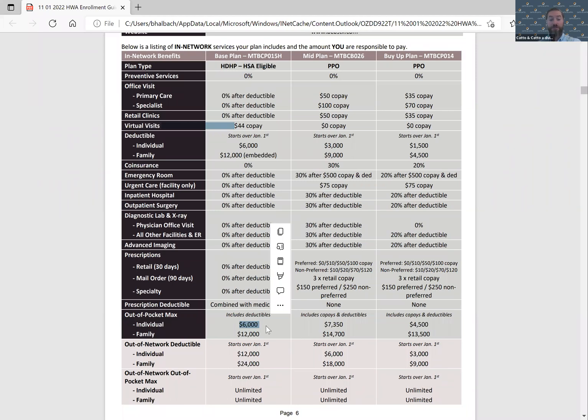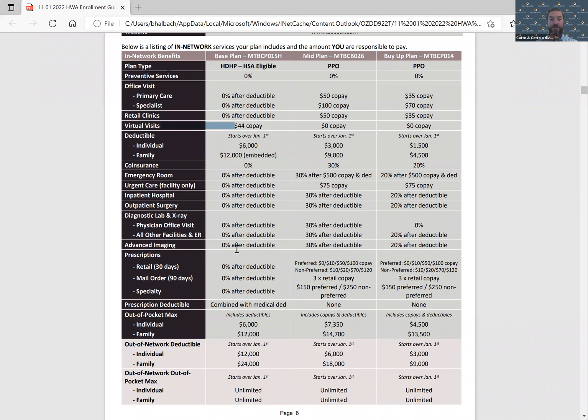If you're on the HSA plan, you are responsible for $6,000 January to December. Everything else, if there are costs above that, is laid off on Blue Cross, assuming it's in network and a covered service. So the reason why this is 0 is because at 6,000, there is no coinsurance. Once you hit your deductible, you have therefore met your out-of-pocket max on that HSA.